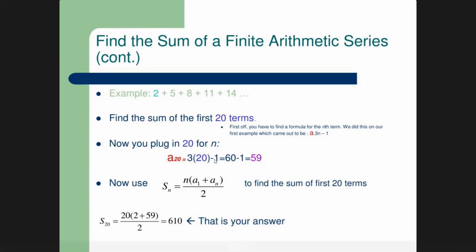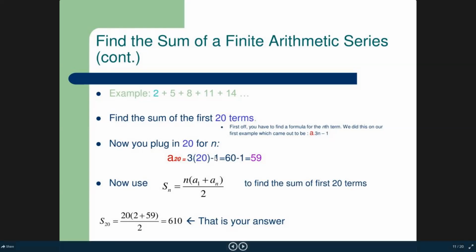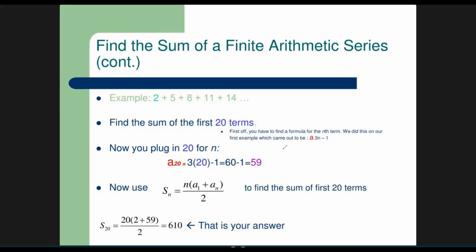Is there an error here? Let me see. So you want the 20th term, right? So A20 will be 2 plus 19 times d.